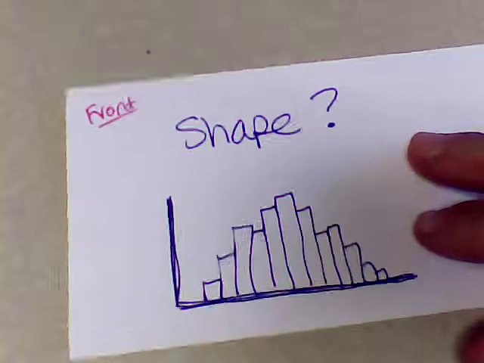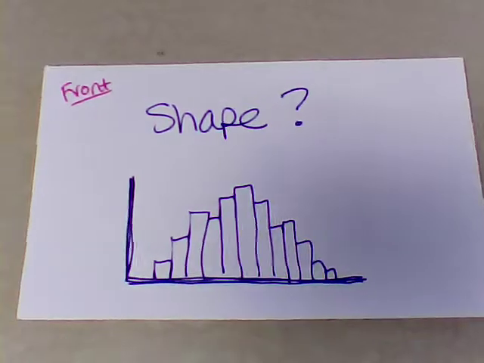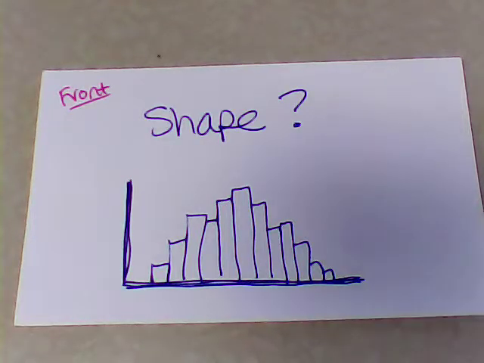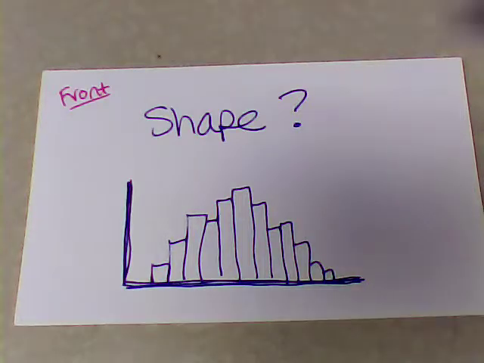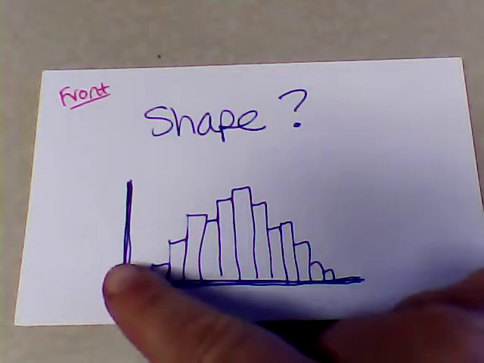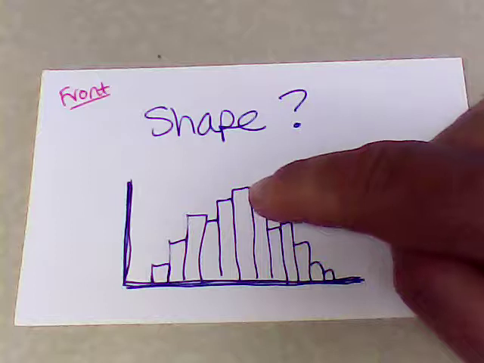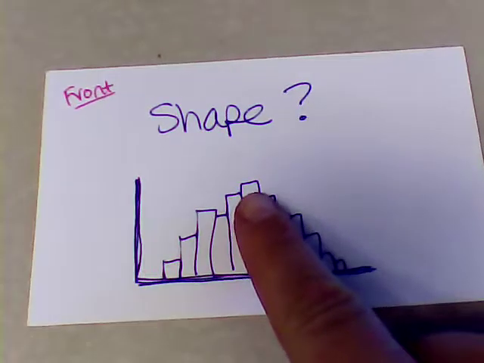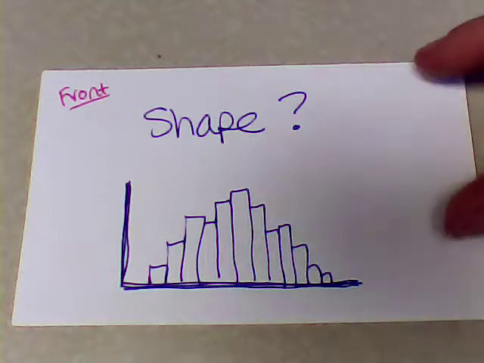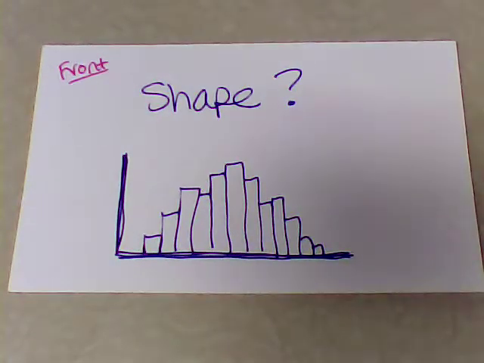Okay, so one of those first things is the shape. There's a bunch of different kinds of shapes. Here is one basic shape. Again, there's just a whole bunch of bars for a histogram. You could also pretend there's a curve going around this if you're into curves rather than rectangles. This has one peak right in here. From way back in the day in elementary school, the number that shows up the most is the mode.